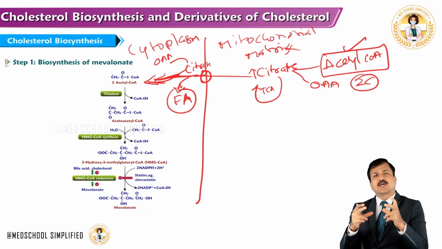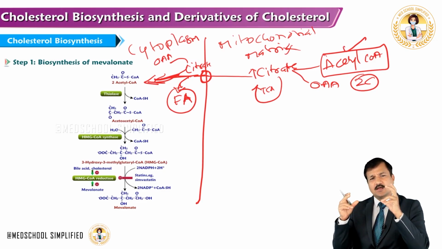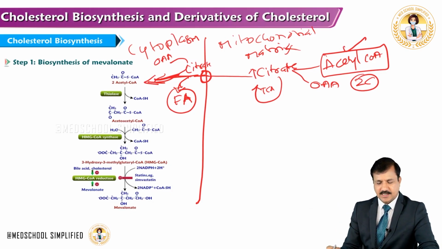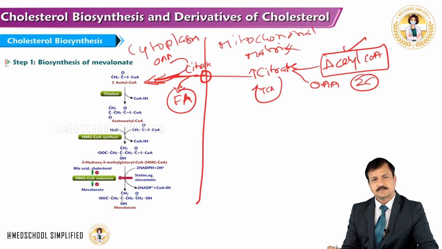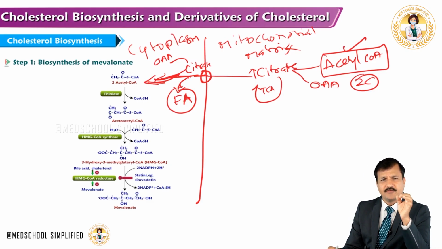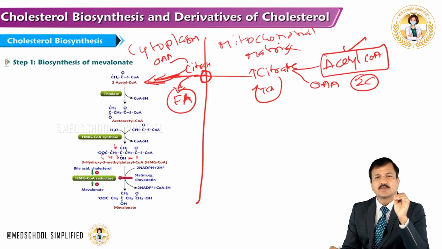Now the aceto-acetyl-CoA will combine with one more acetyl-CoA to make 3-hydroxy-3-methyl-glutaryl-CoA, and that is referred to as HMG-CoA. Now if you carefully look at the carbons of HMG-CoA and number the carbons there, the carboxyl carbon is number 1 carbon, and then we have number 2, number 3, 4, 5 and 6 carbons here.